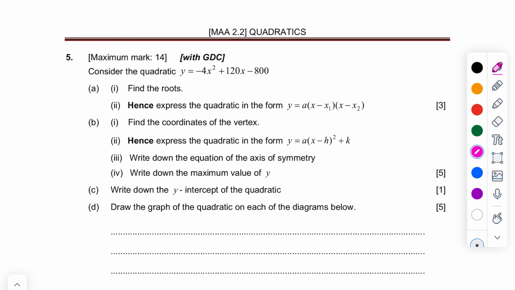Now coming to question number 5, again with GDC, find the roots. Roots are going to be x equals to 10, x equals to 20. Hence expressed in this one, so it is negative 4 times x minus 10 times x minus 20.